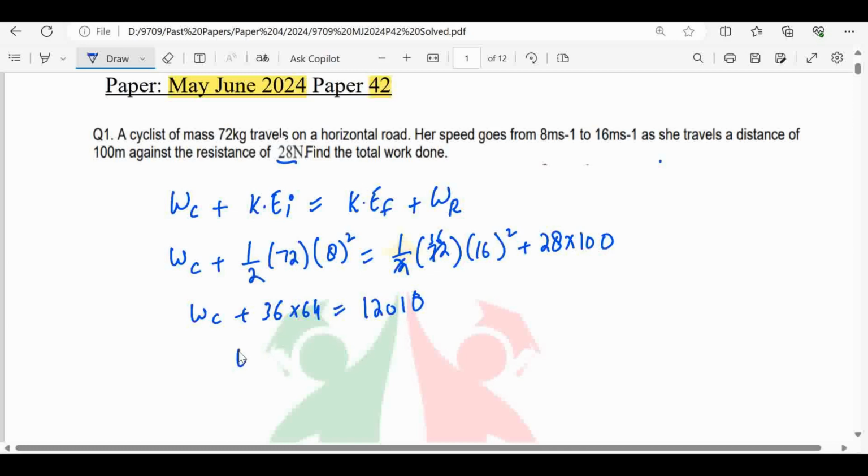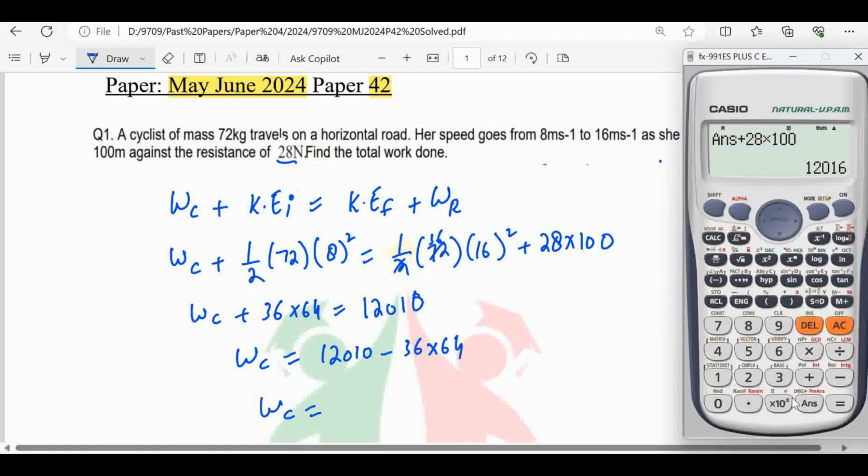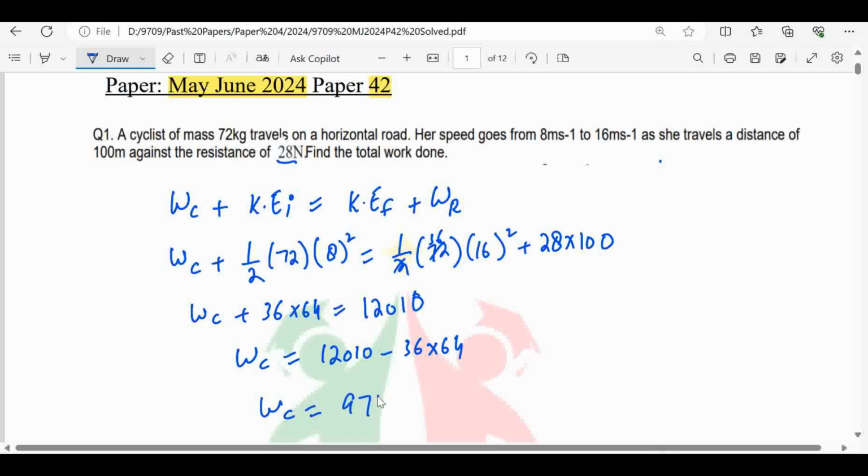So work done by the cyclist will be 12010 minus 36 into 64. If we subtract 36 multiplied by 64, this will be 9712. So 9712 joules will be the final answer.